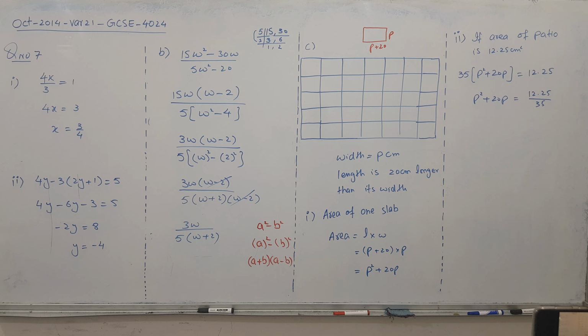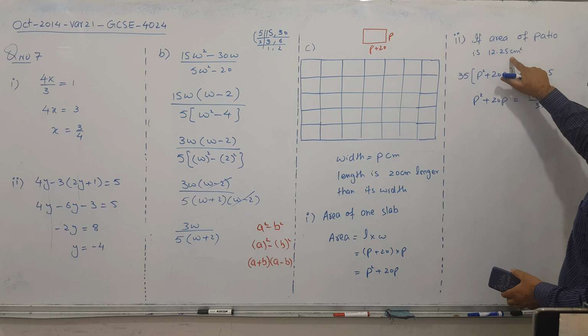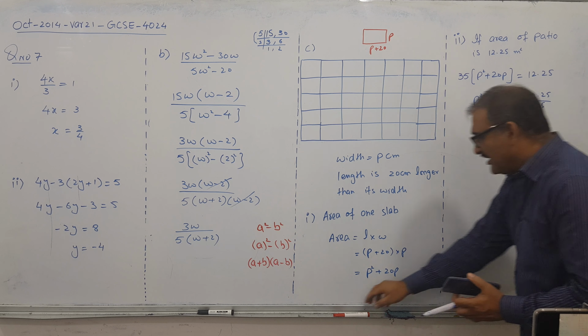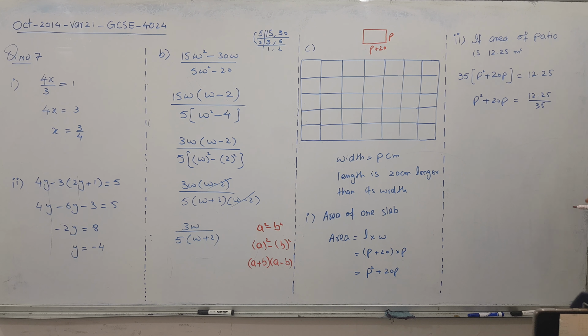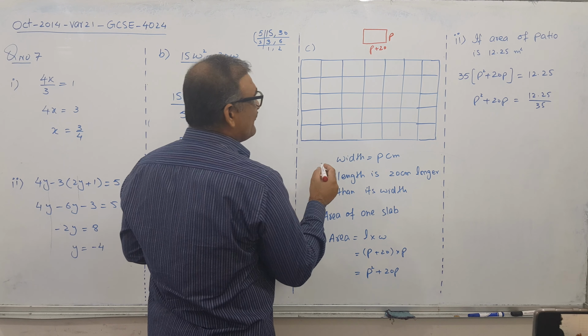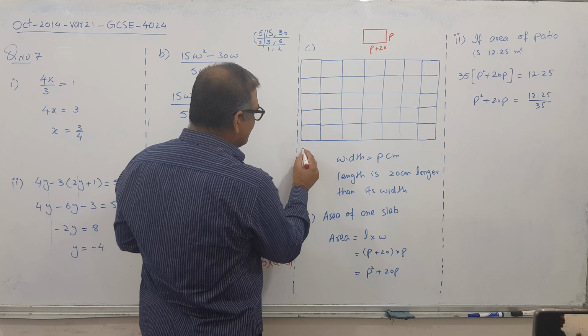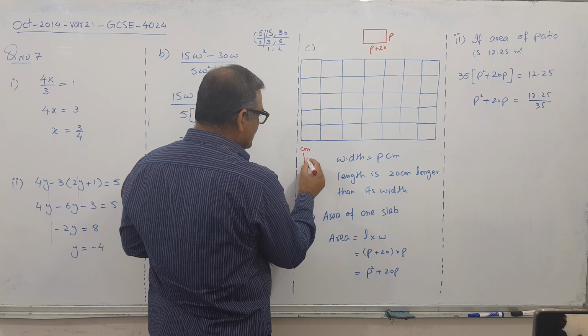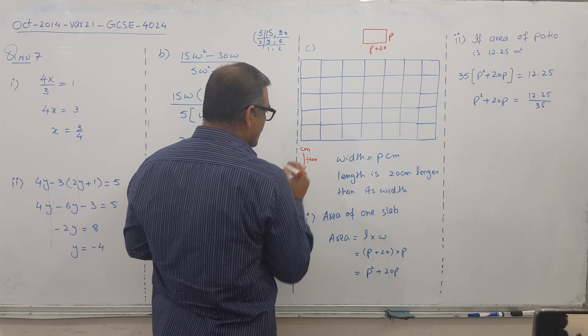So one thing is here, this is not centimeter square. I checked the paper, this is a meter square. So meter square, and you know that whenever you convert centimeter to meter, so what to do? Divide by 100.